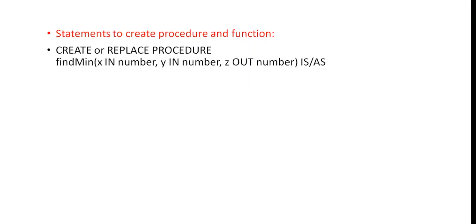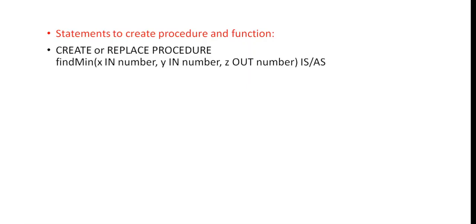Then we write the is or as keyword. If the procedure is nested, then we write is. If the procedure is standalone, then we write as. Here we are writing the find_mean procedure, which receives x and y as input parameters, and it is returning z as an output parameter.